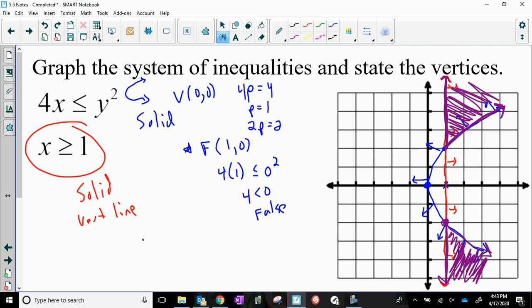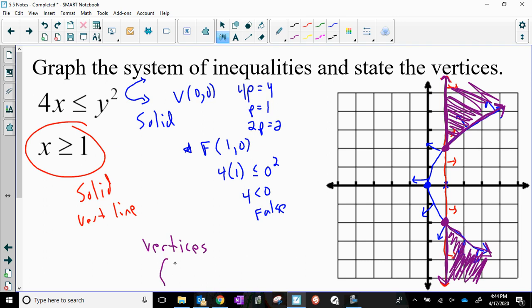Now there's something we're going to ask for. It's these things called the vertices. The vertices are the points that we would have looked for in our previous section as solutions to the equations, but they have to be corners of the shaded region. Sometimes you'll get solutions from our previous sections that are not solutions to the shaded regions. We only want these points.